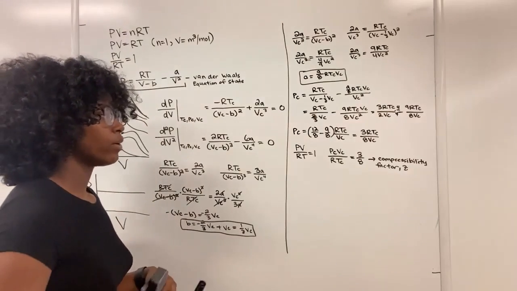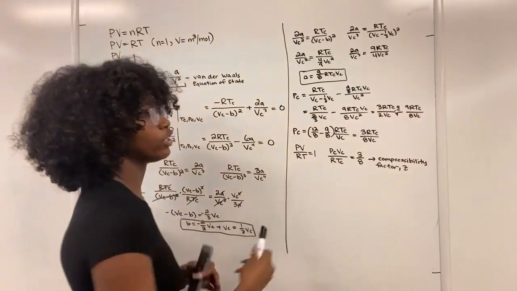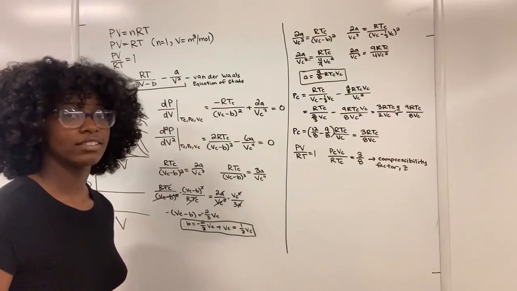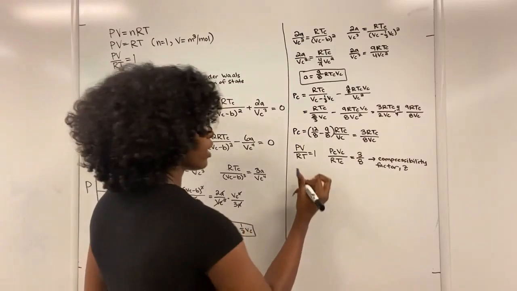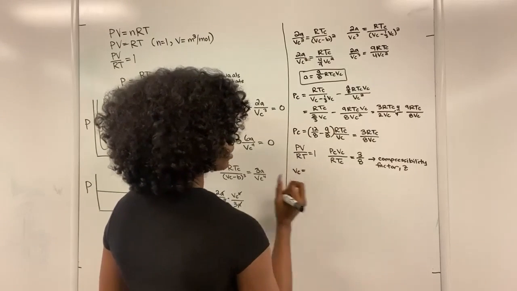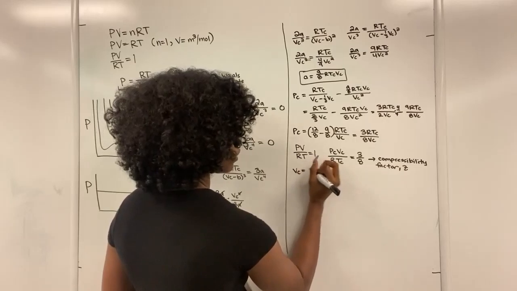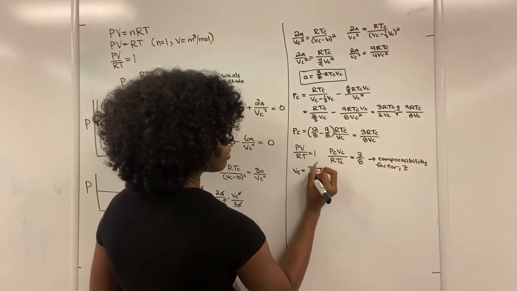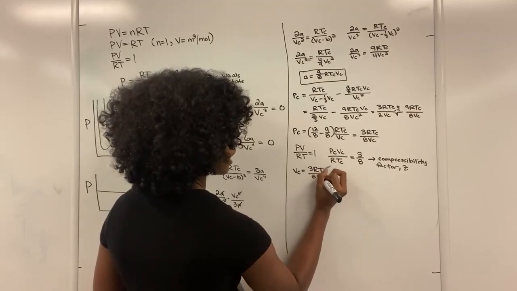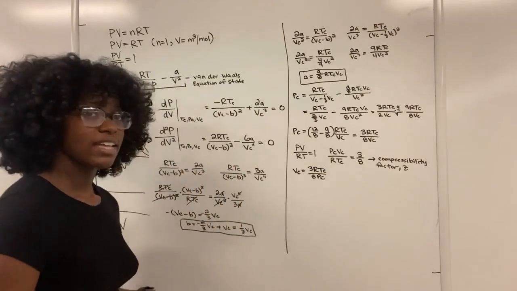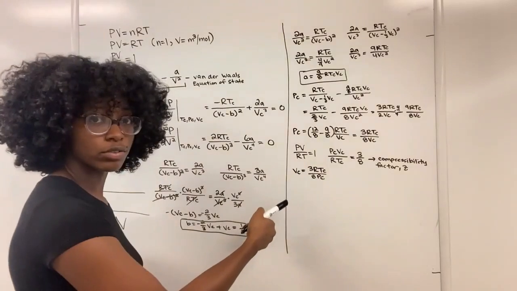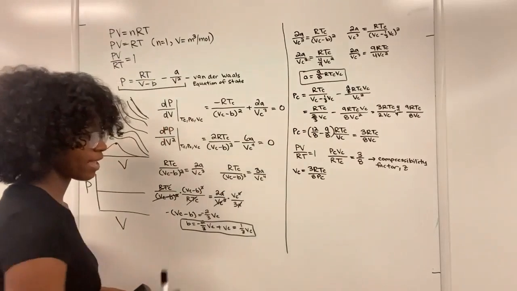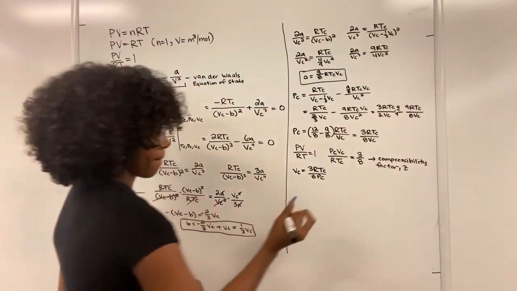So using this equation, if we know our critical temperature and critical pressure of a gas, we can rearrange this equation to solve for the critical volume, where the critical volume is equal to 3 times R times the critical temperature divided by 8 times the critical pressure. And if we know the critical volume, then we can put this back into our A and B variables.